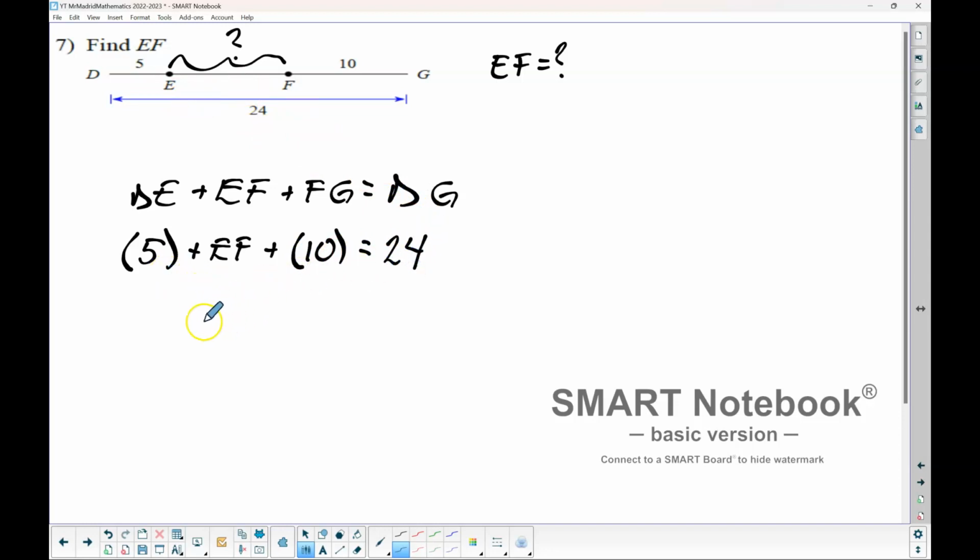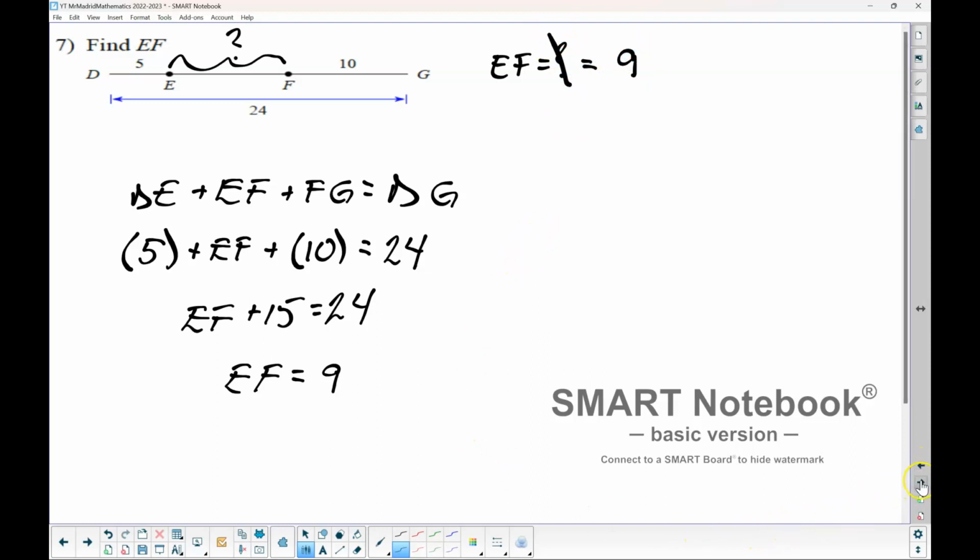So now I have EF plus 15 equals 24. And if I subtract 15 from both sides, I have EF equals 9. So they wanted EF. We can put a 9 there.